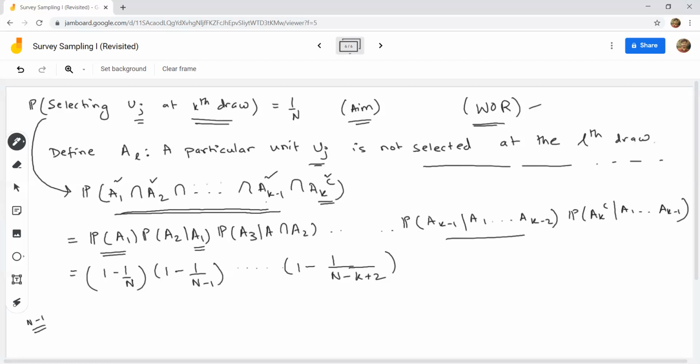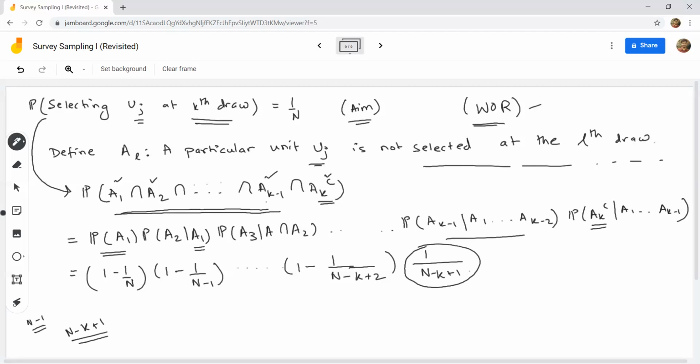So the number of elements remaining is n minus k plus 1, right? So ak complement means that you are choosing uj out of the remaining elements. So that probability should be 1 by n minus k plus 1. Because in this case, you are choosing that element with equal probability, right? So that should be 1 by n minus k plus 1, that is the remaining elements.